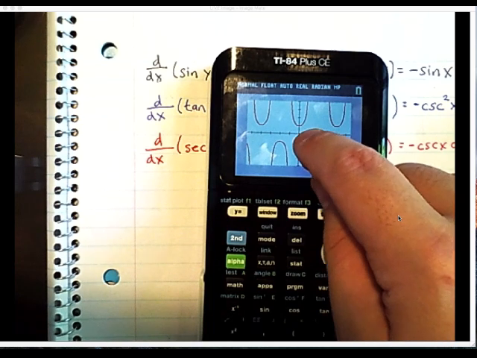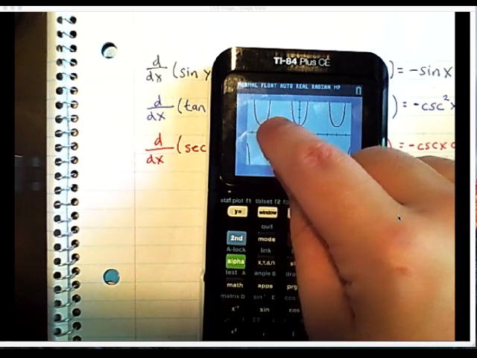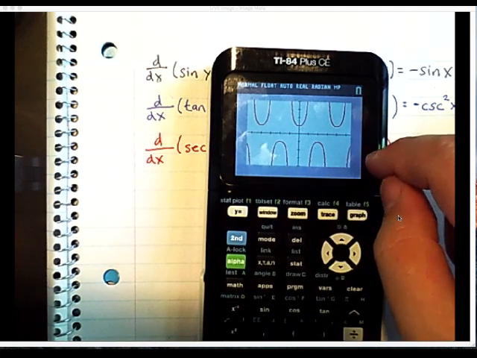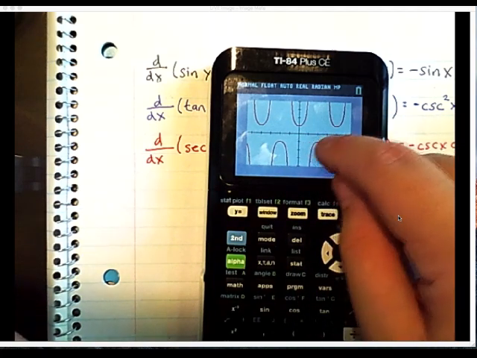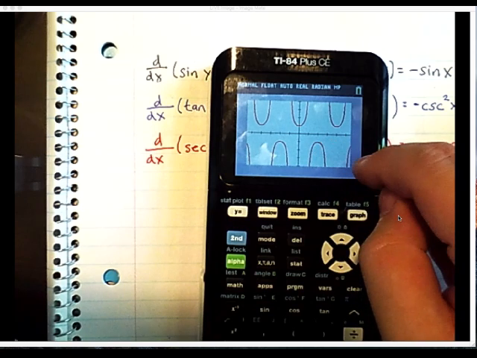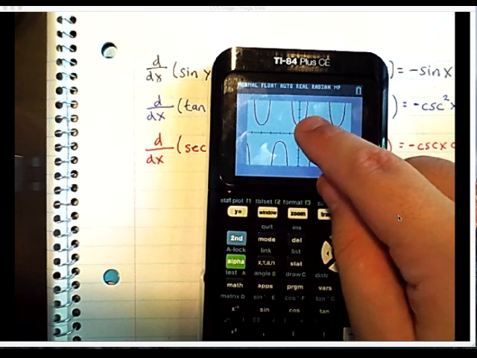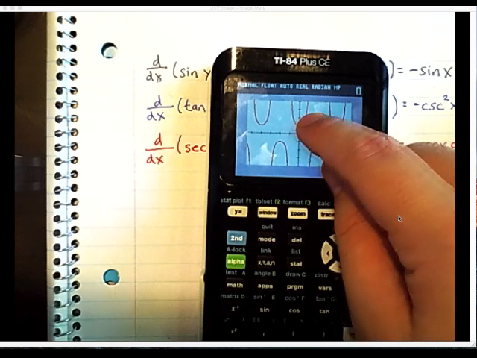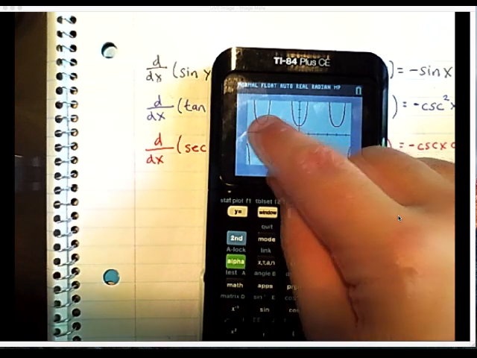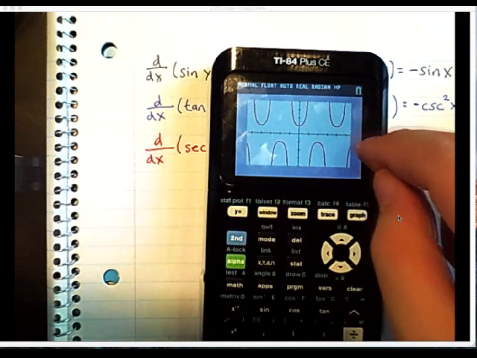At -180, the slope's 0. At -270, the slope's 0. I guess these are every 90, right? So yes, at 0, at 180, at 360, and so on and so forth.